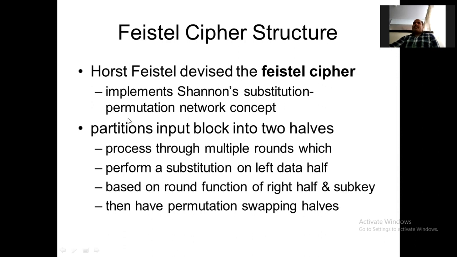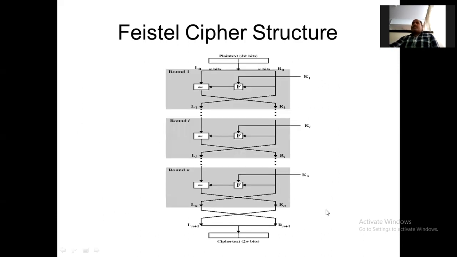It processes through multiple rounds, like the different rounds we saw in DES. It performs a substitution on the left data half based on a round function of the right half and the subkey, then a permutation swapping the halves. We'll see this in the diagram.